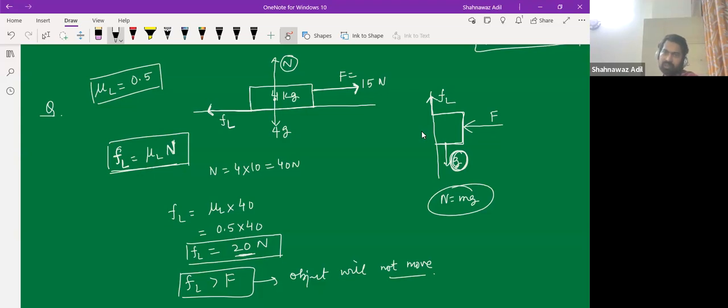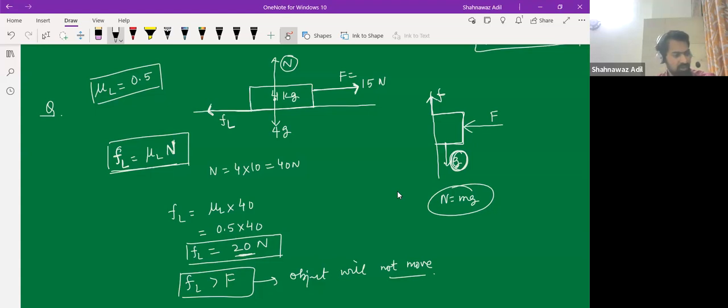Same direction as the friction force. So are you saying that normal reaction is in this direction? Where is the surface? Whenever we talk about normal reaction, we see the surface in the contact, and normal reaction is perpendicular to that surface.